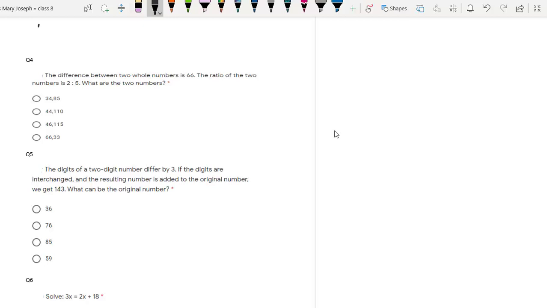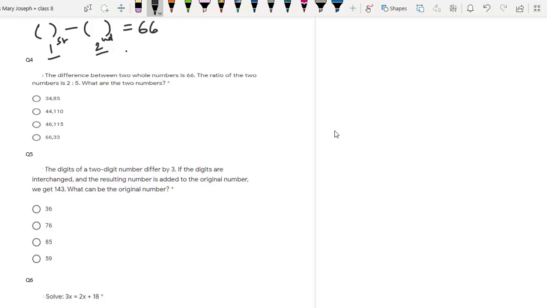So you can think like this, there are two numbers and their difference is how much? 66. Suppose this is the first number and this is the second number. So you can say as first number is larger, therefore only we have answer as positive. So you can assume this first number is larger than second number.